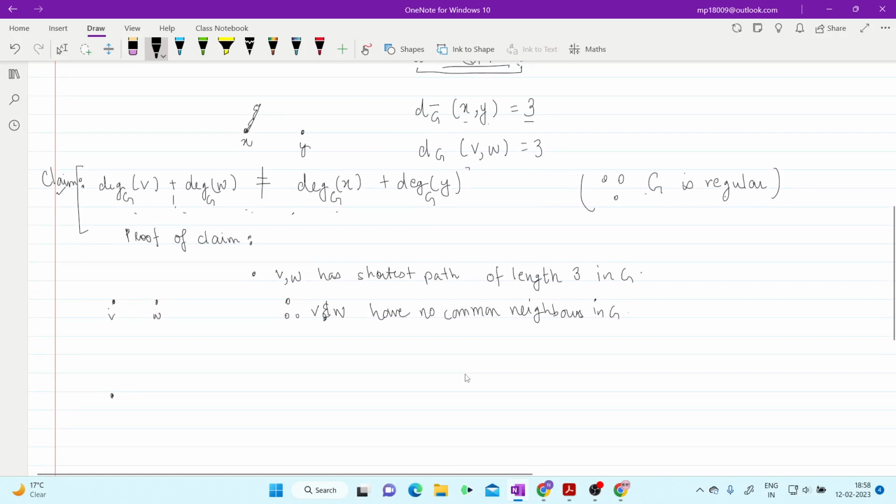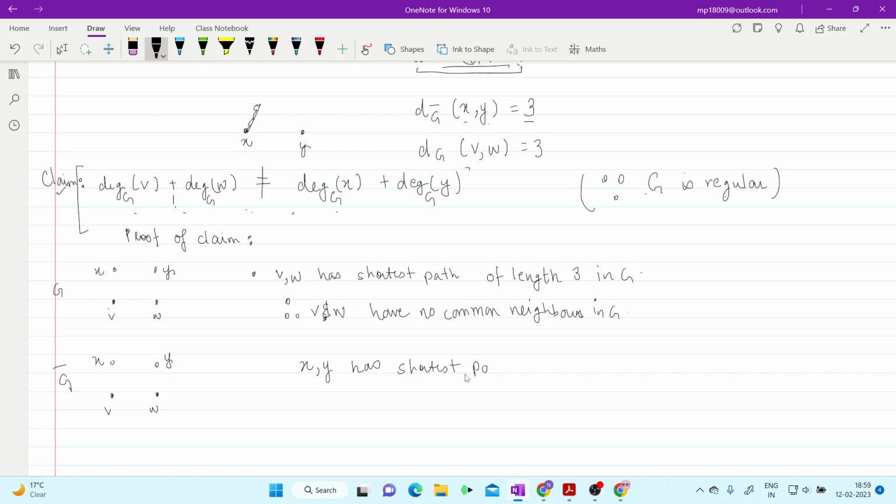And X and Y were the vertices. So suppose V, W, X, Y are these four vertices. Now first of all, we are looking at all the possible connections in G and G bar. V and W have a shortest path of length 3 in G, and X and Y have a shortest path of length 3 in G bar.